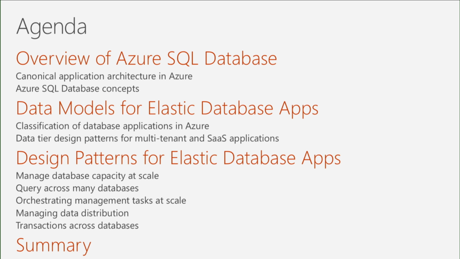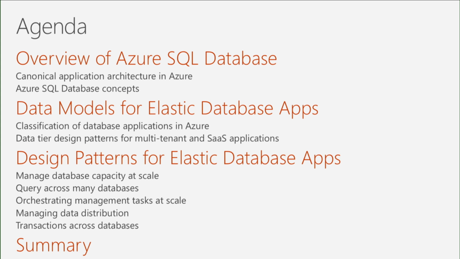And there are various different design patterns for these multi-tenant or SaaS applications. We're going to look at them in terms of requirements around tenant isolation, but also from a resource utilization and density and cost perspective as well. And then think about which ones are preferable in what situations.